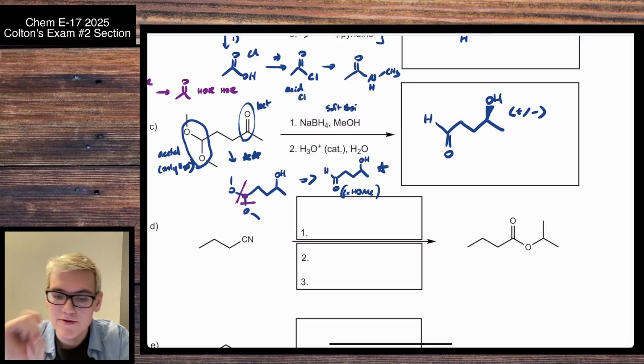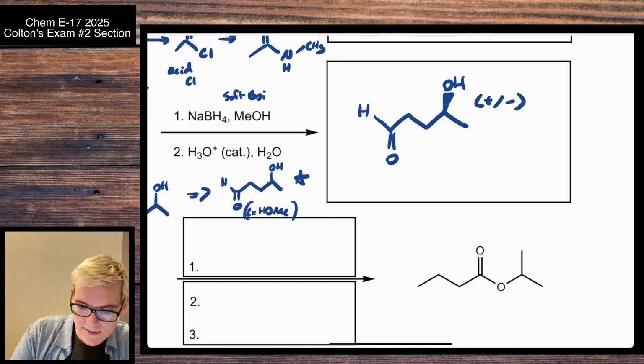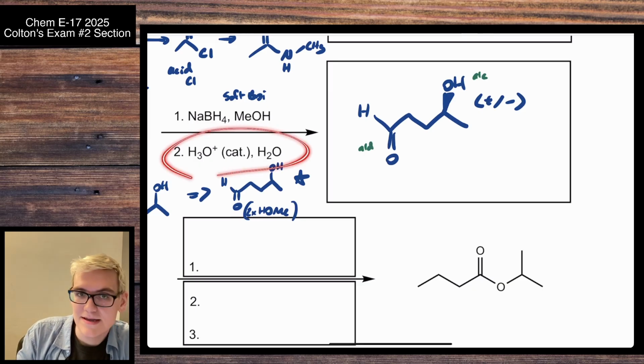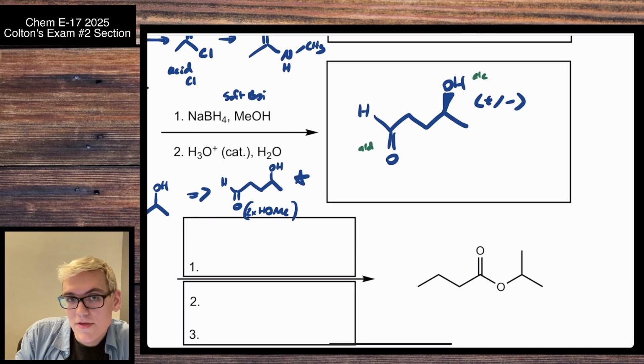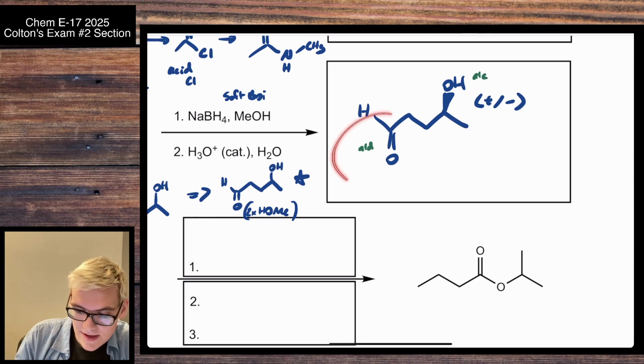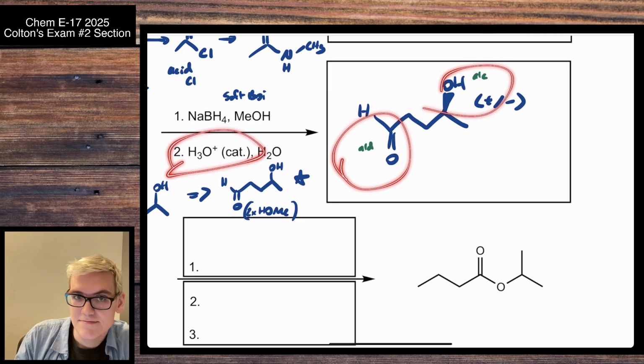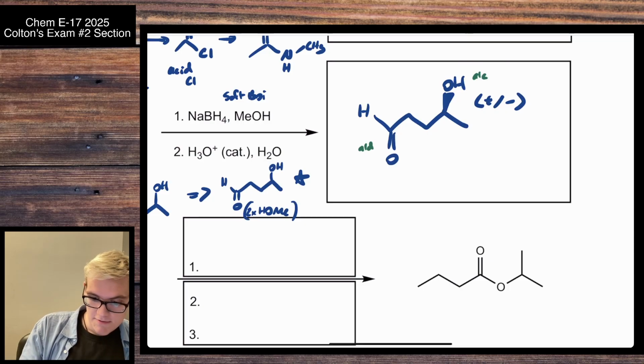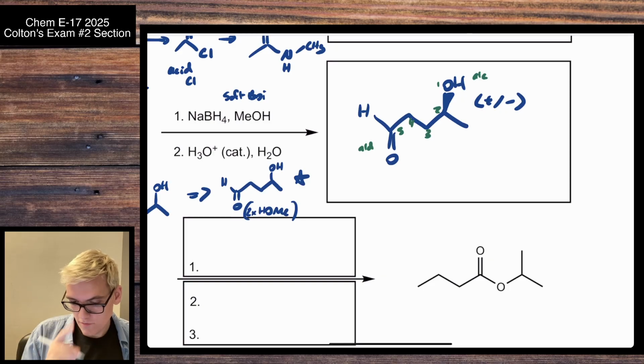So our final molecule, we have an alcohol, and we have an aldehyde, and we are still in acid catalyst. And so the thing that I'm thinking that could happen if we have an aldehyde, alcohol, acid catalyst, we could form a hemiacetal. Okay. So it would be a 1, 2, 3, 4, 5 membered ring. And we are going to connect this O over to this carbon that I've labeled 5 here.